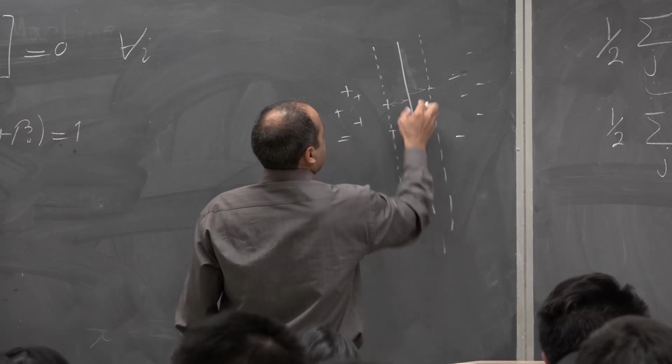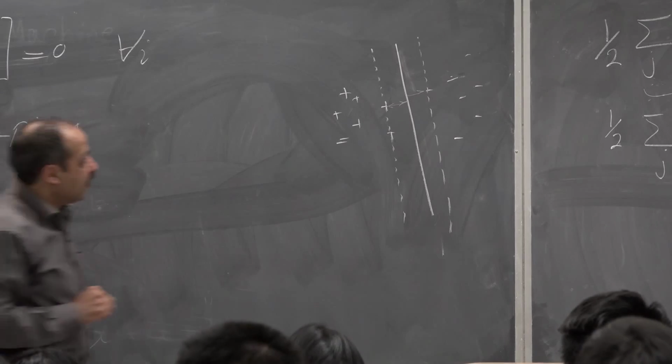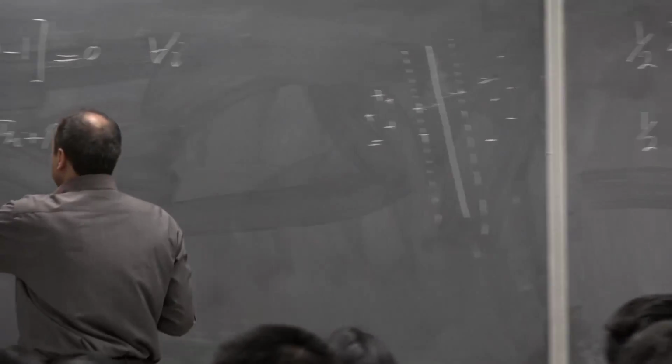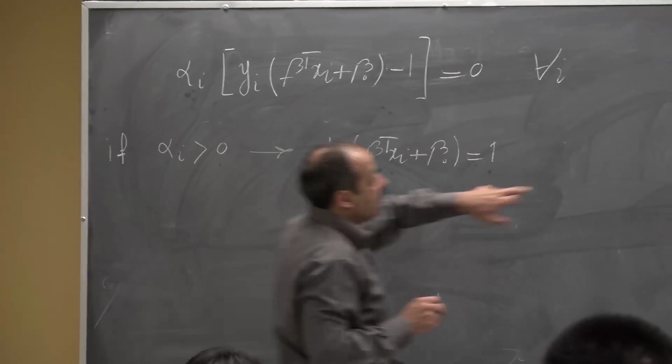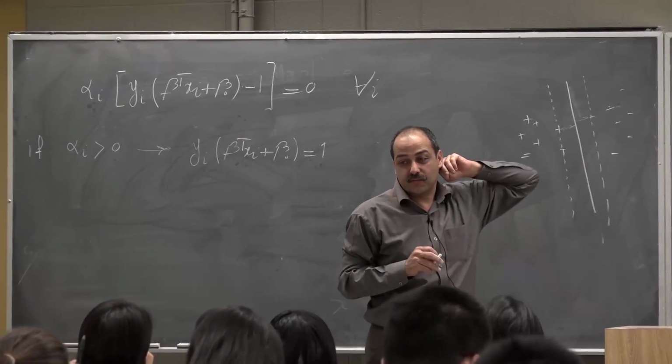This is a margin, and I wanted to maximize this margin. So this particular point is on the margin, because the distance of this point from the hyperplane is 1.